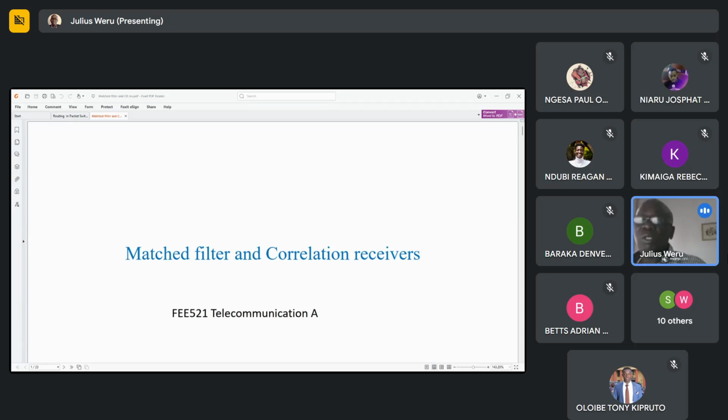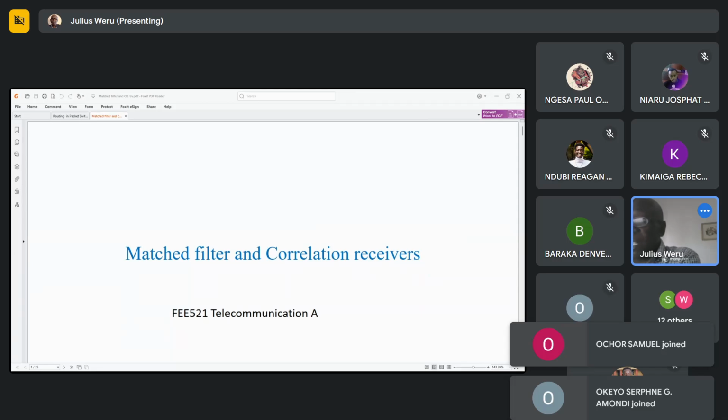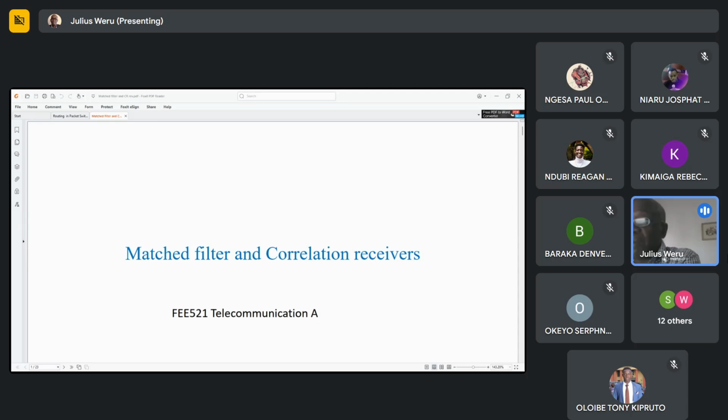So now those waveforms are the ones we want to be able to identify, whether the waveform we are receiving represents a 0 or represents a 1, because that's the whole idea.